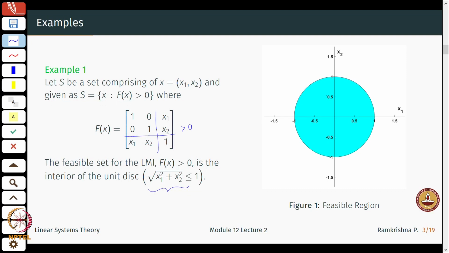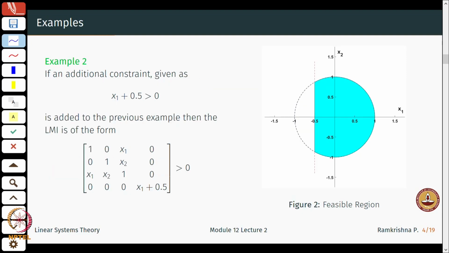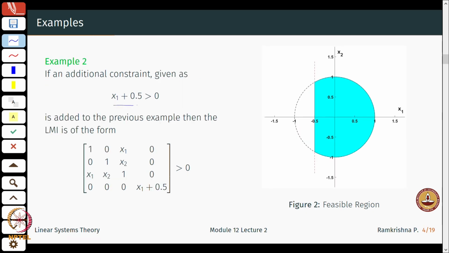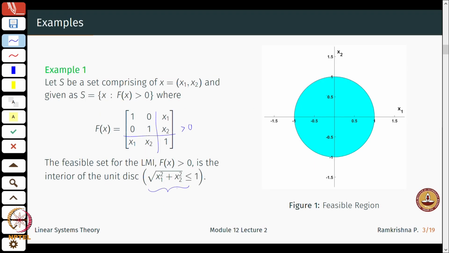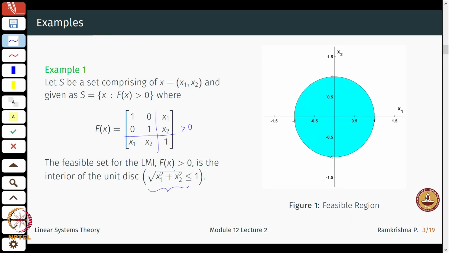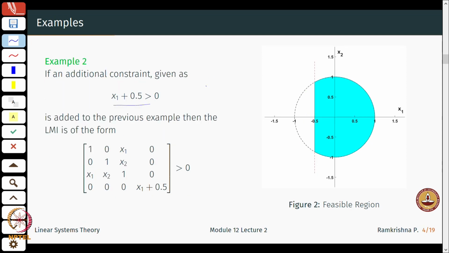In addition, if I impose another condition that x1 plus 0.5 is greater than 0, the LMI would change now to something like this. It is easy to check that I am only looking at regions where x1 is now greater than minus 0.5.